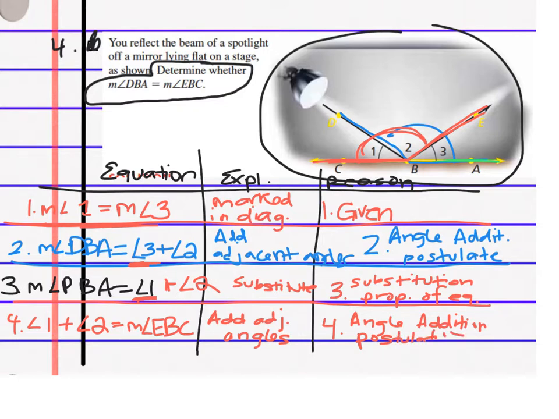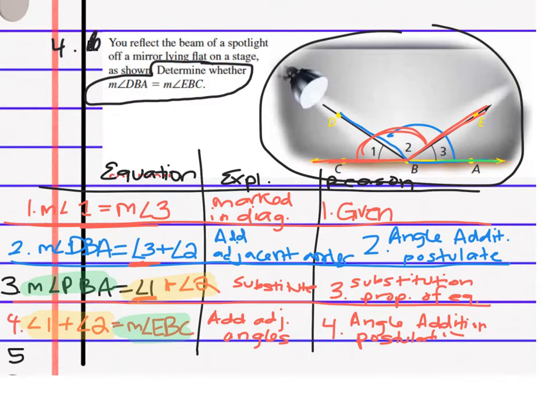Okay, then if we know angle 1 and angle 2 are equal to DBA, and we know over here that angle 1 and angle 2 are equal to EBC, what can we then conclude?